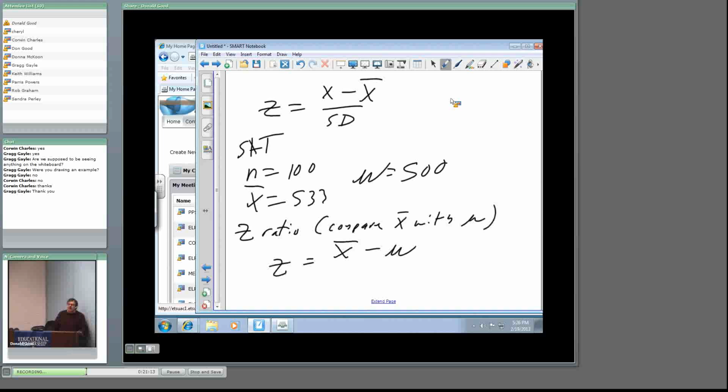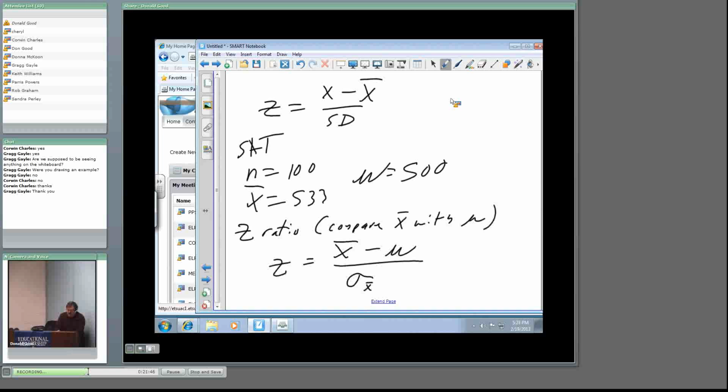That tells us how many points above or below we are in terms of the population. In our case, 533 is 33 points above 500. I divide that not by the standard deviation, but by the standard error. So I'm calculating a z-ratio.